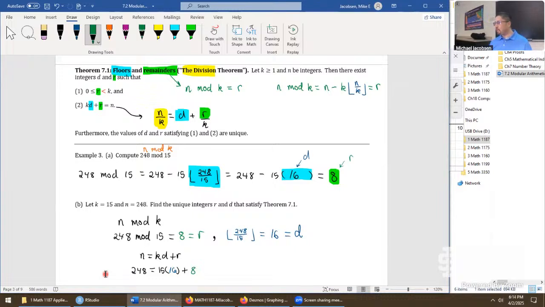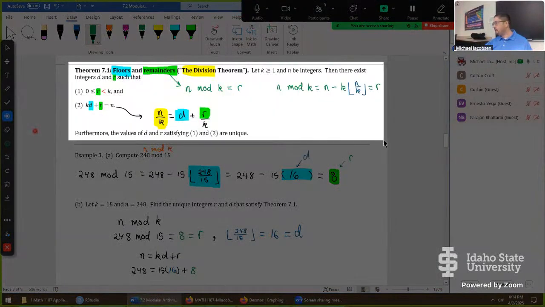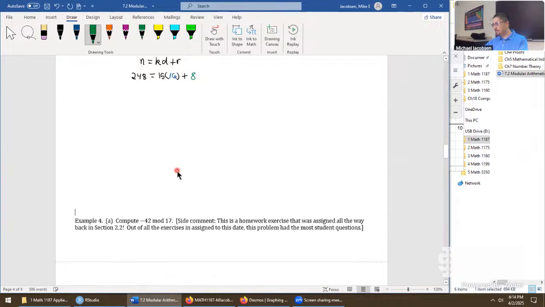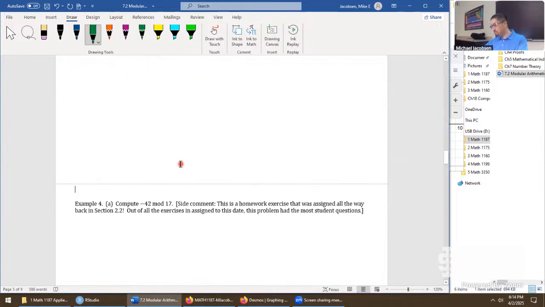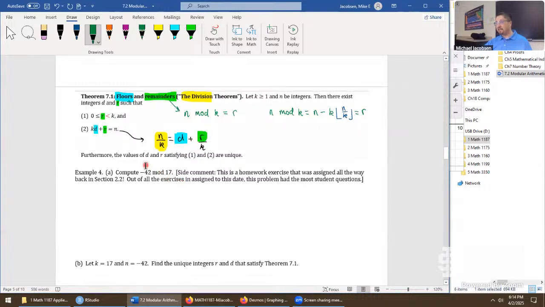Okay, I think these problems are kind of fun because, again, all we're doing is dividing, but there are so many little concepts that go around with this. So let's try this out again. This is the one problem that had that side comment we mentioned before. I think this was a great question. I'm glad it was assigned. We were definitely going to assign something with a negative number mod something else.